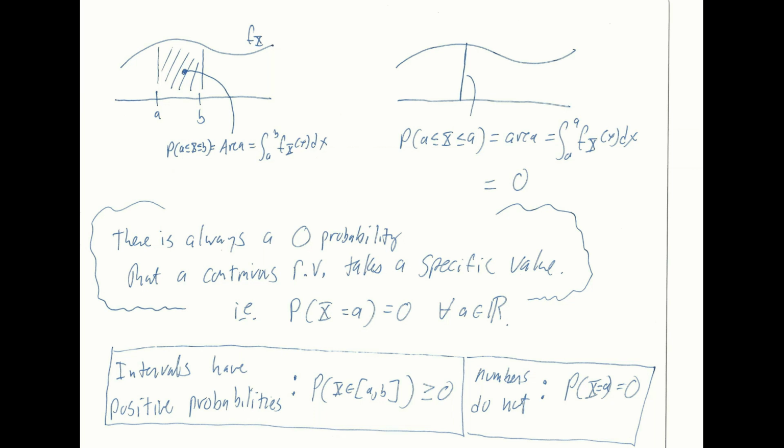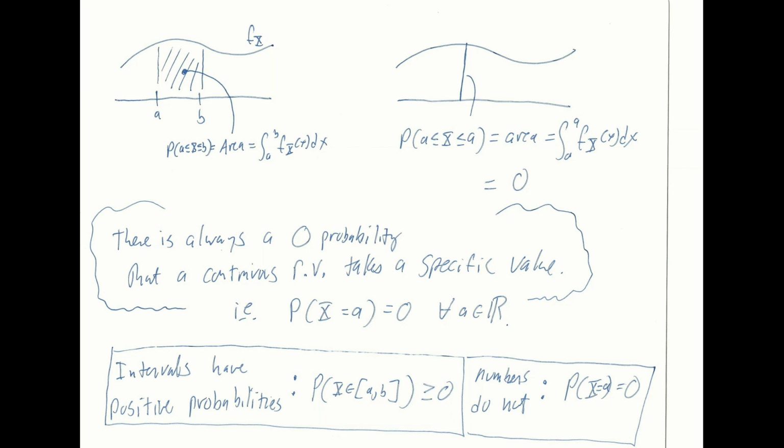But if I think about the probability that x falls between a and a, suddenly that picture has collapsed to a single vertical line, and the area of that single vertical line is 0. So according to that formulation, there is a 0 probability that x equals exactly a, which is to say that x falls between a and a. So there's always 0 probability that continuous random variables take any specific value.